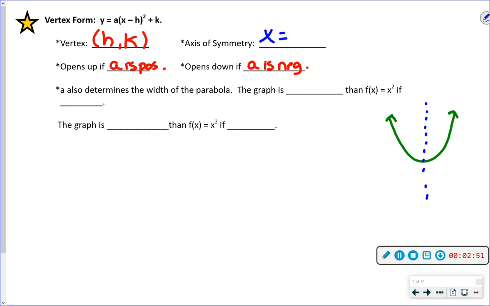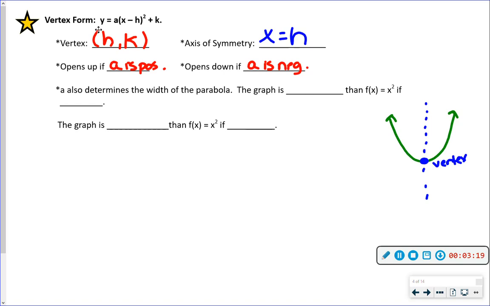And it goes through the vertex. So kind of a 2 for the price of 1. Whatever your x coordinate is on your vertex, that is also what your equation will be for your axis of symmetry. Now, we will, not for a while, also talk about how to graph parabolas that open sideways. Clearly that's a little more involved, but we will get into those in a chapter further down the road.